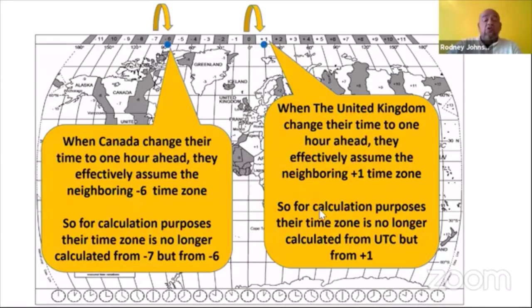So for all your calculation purposes, their time zone is no longer calculated from the universal time coordinate, but you will calculate them from +1. But that is only if the examiner in the question paper specifically mentions to you that daylight savings time is being used. If they don't mention that, you don't use this.